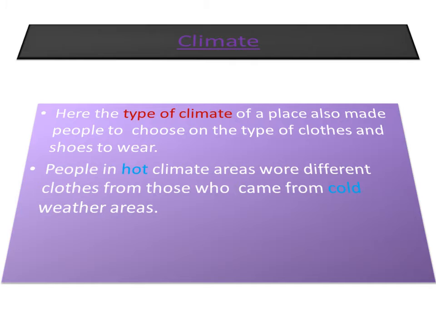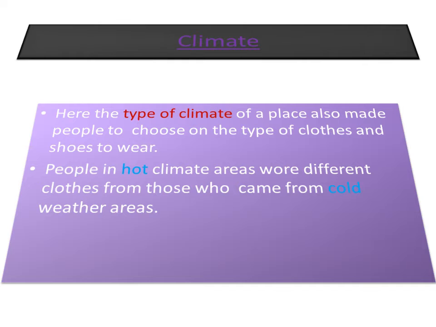It means that they were supposed to put on different types of clothes according to the climate or weather conditions in that area. So the type of climate of a place also made people choose the type of clothes and shoes to wear.